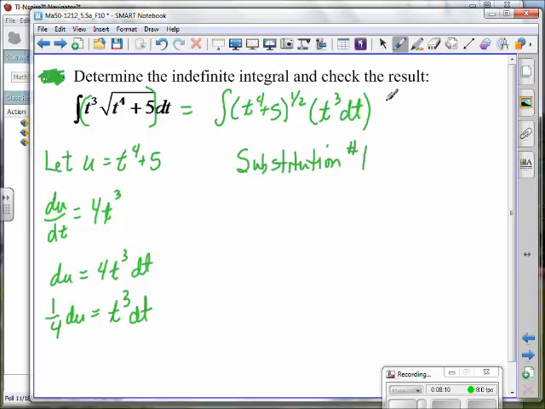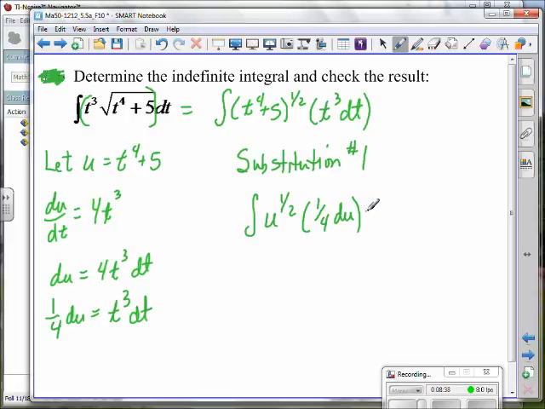And let's write this whole problem now as the integral of, and instead of t to the fourth plus 5 to the 1/2, I could write it as u to the 1/2, okay. And instead of t cubed dt, I could write it as 1/4 du.